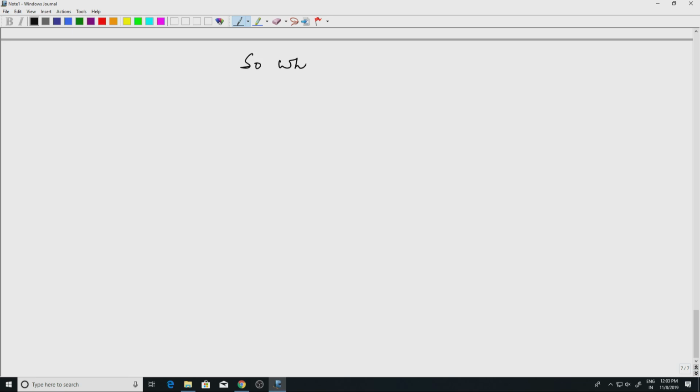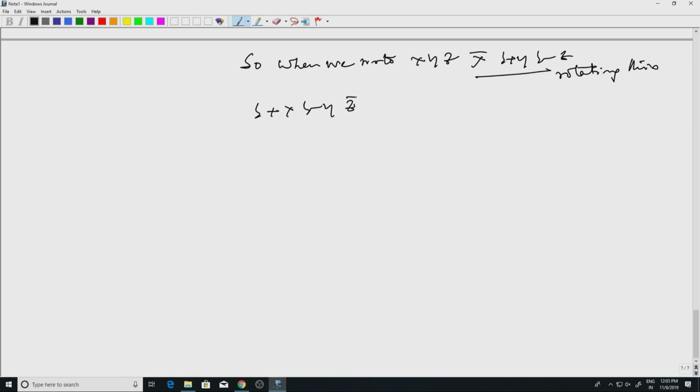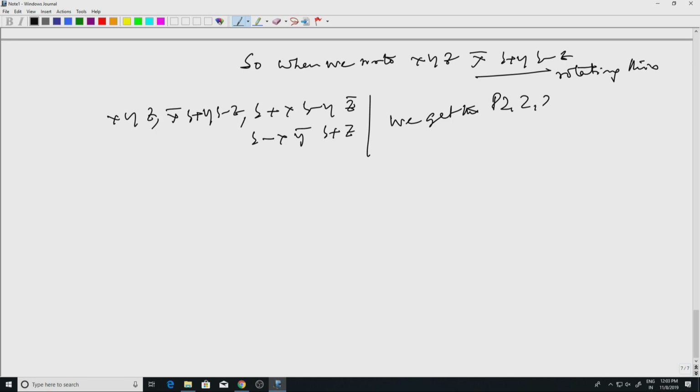So when we write x, y, z and x bar, half plus y, half minus z, rotating this, half plus x, half minus y, z bar, half minus x, y bar, half plus z, we get the P21 21 21.